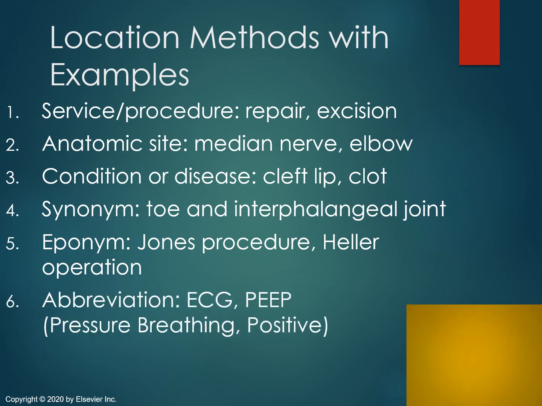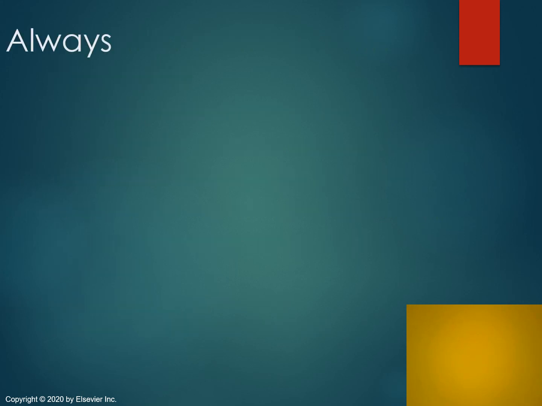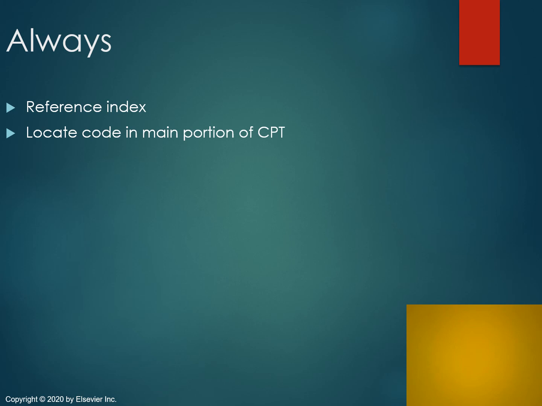Or by abbreviation, the ECG or the PEEP. So always refer to the index, locate the code in the main portion of the CPT, read the entire description and any notes. Notes, very important.